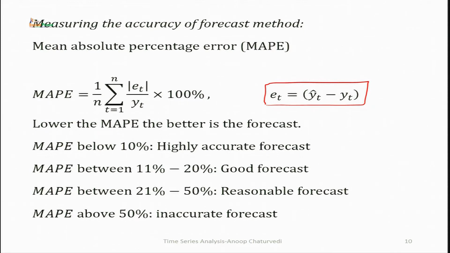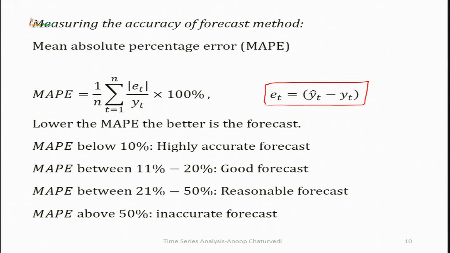Absolute percentage of error, means absolute percentage of error with respect to y t, and then you take mean of these absolute percentage of error. So, you take summation from t equal to 1 to n and divide it by n. So, you get mean absolute percentage error.